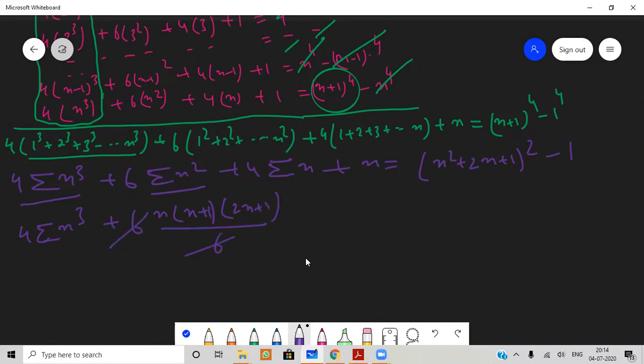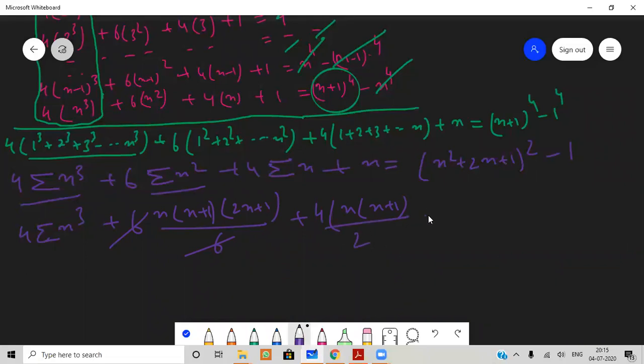I can cross out this 6. Or sigma n also we have derived before. So sigma n is equal to what? 4 times n into n plus 1 divided by 2.